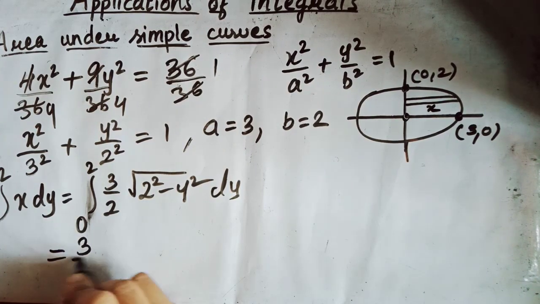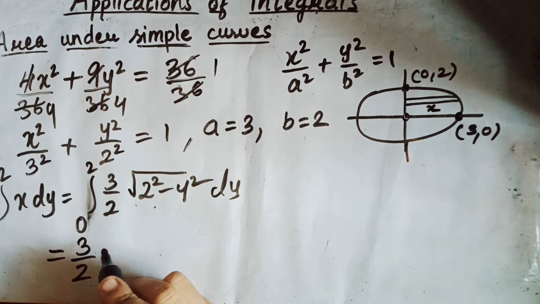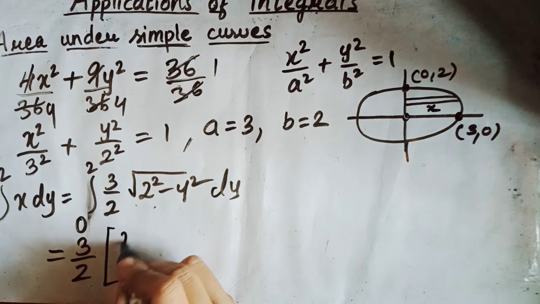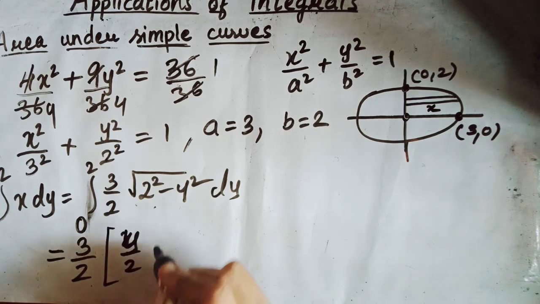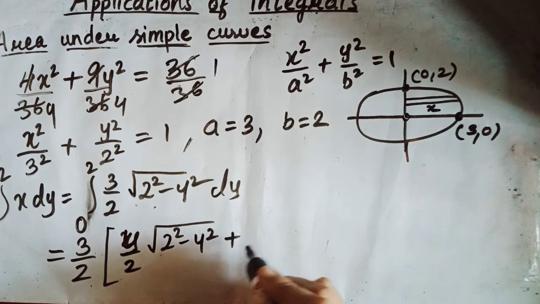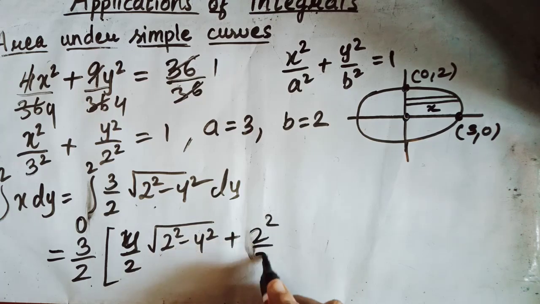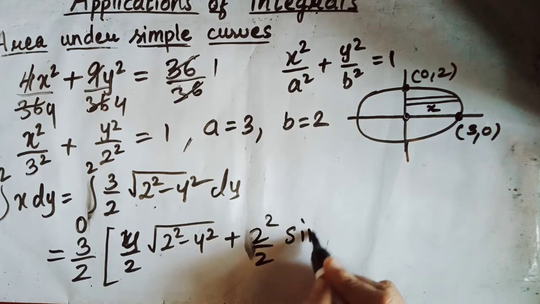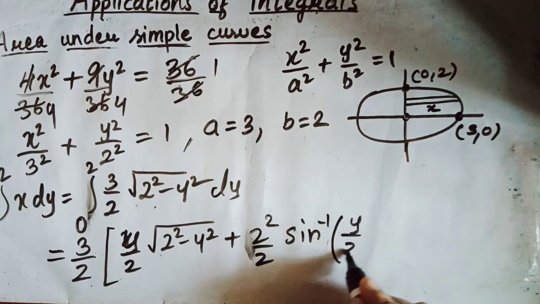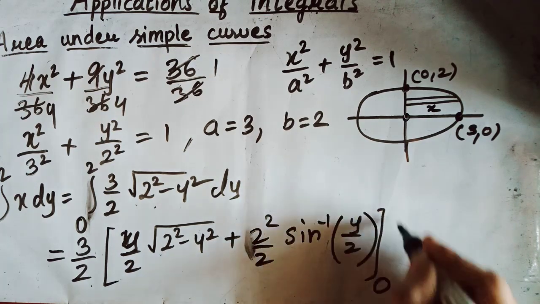Now you use the integral of root of 2 square minus y square. You have to use the standard formula result. I will write y by 2 root of (2 square minus y square) plus a square, that is 2 square by 2, sin inverse y by 2, from 0 to 2.